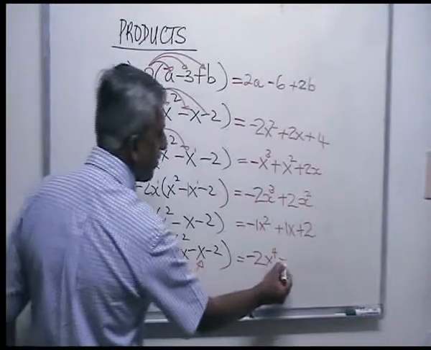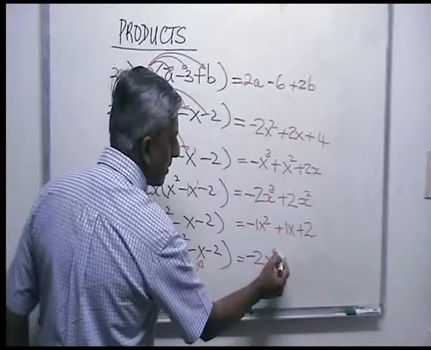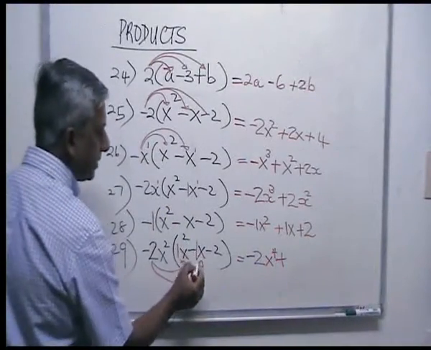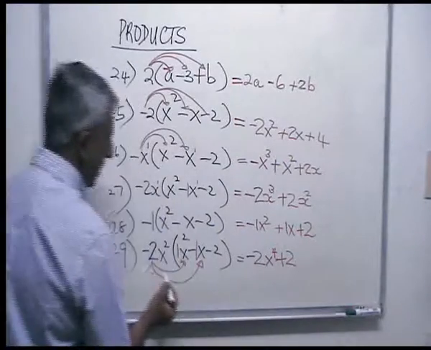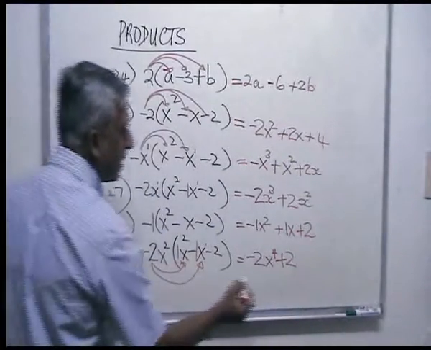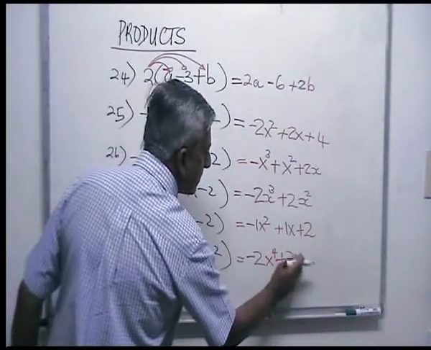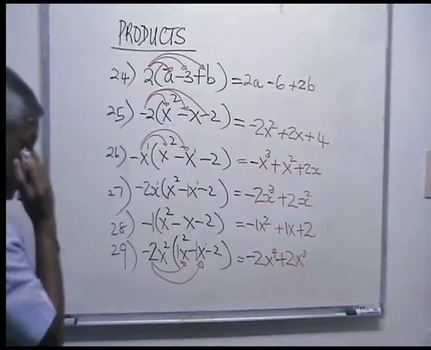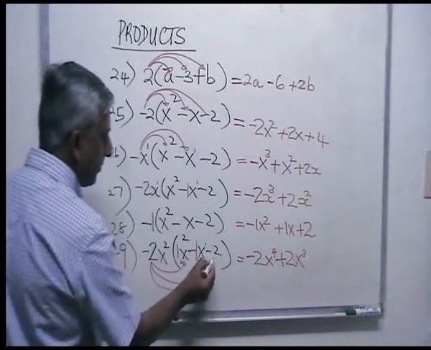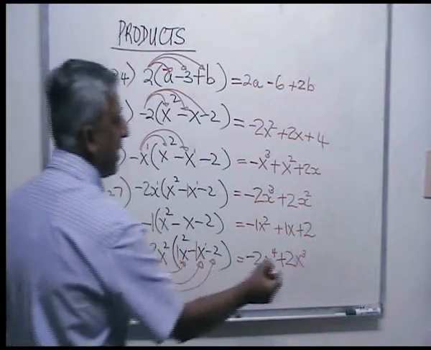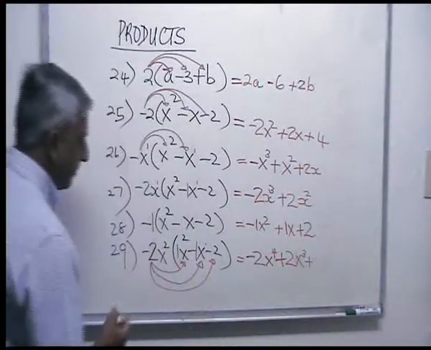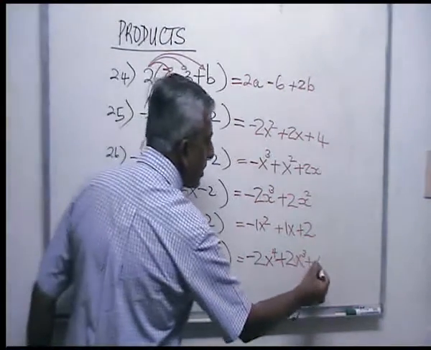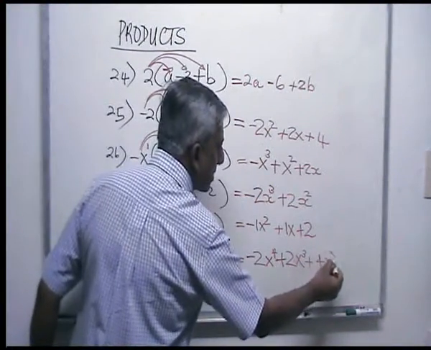Minus times minus is plus. 2 times the 1 that is understood here is 2. And you got x squared and you got x to the 1, that gives you x cubed. And finally, minus times minus is plus, and 2x squared times 2 will give you 4x squared.